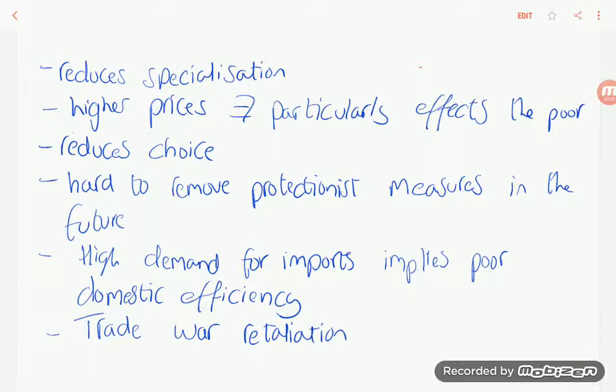A lack of competition doesn't encourage firms to improve their efficiency, so there'll continue to be a misallocation of resources. Firms are likely to make more money, especially in the long run, if they improve efficiency instead of relying on protectionist policies. Finally, trade barriers imposed by one country may lead to retaliation by other countries.